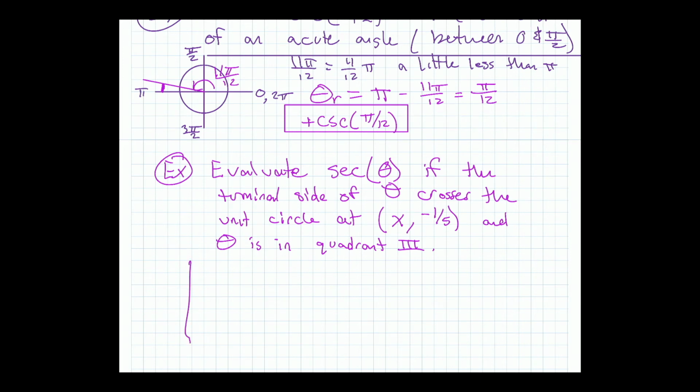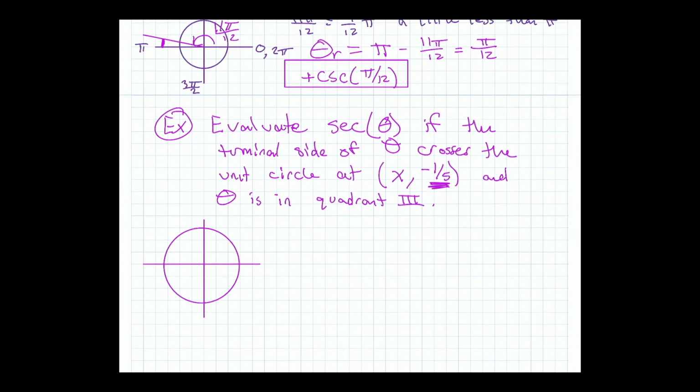So the idea is you've got a unit circle, okay? Now, I say the y value is -1/5. So that's like here, right? -1/5 for a y value.